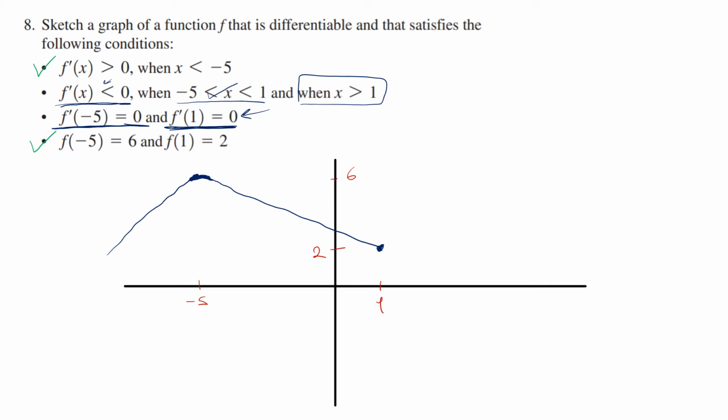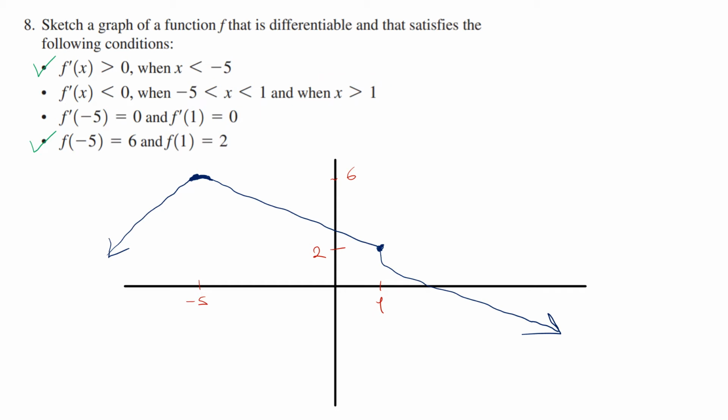So knowing that I have my derivative as 0 at 1, it will just go something like this, and I can put the arrow for this one too. So I satisfied this and I satisfied this, so we're technically done.